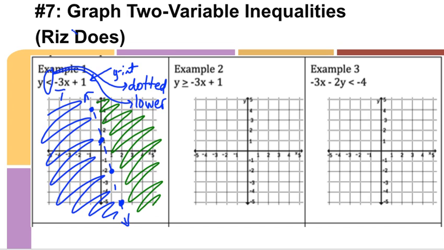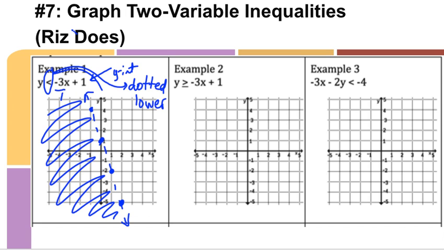So now if I look at both of those sections, I want to choose the section that is lower than the line. So if I look at this line, I notice that the blue section is actually lower. So I'm going to erase this green side. And then this is actually how I graph the inequality. I shaded it lower, and I dotted the line.